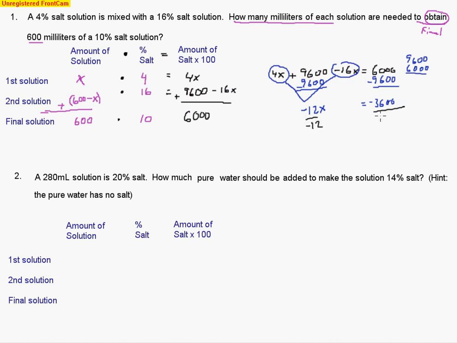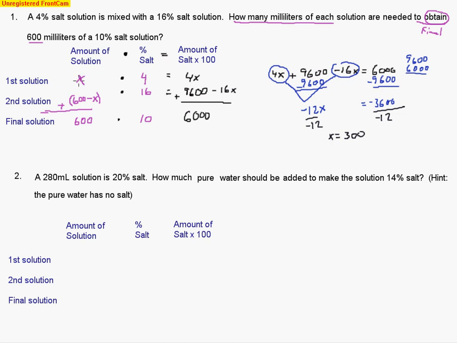The nice thing about this problem is the two negative signs should cancel. x equals, well, 12 goes into 36, and that's what's nice about this. Go ahead and do that division there, and we're still left with two zeros we just bring down. So x equals 300. This amount right here is what we just found, x, for the first solution. If you go back in your chart, it shows you what it means.